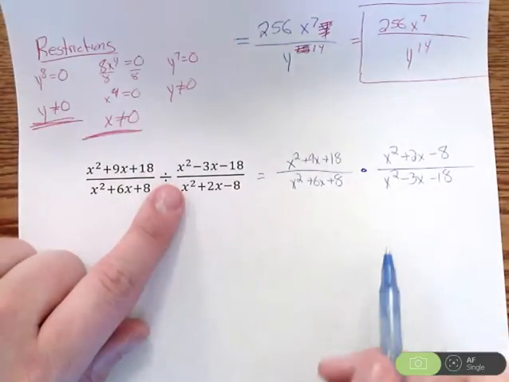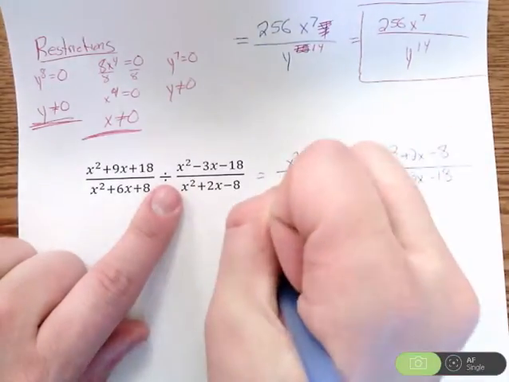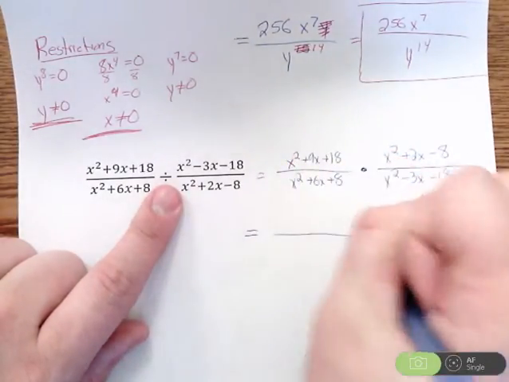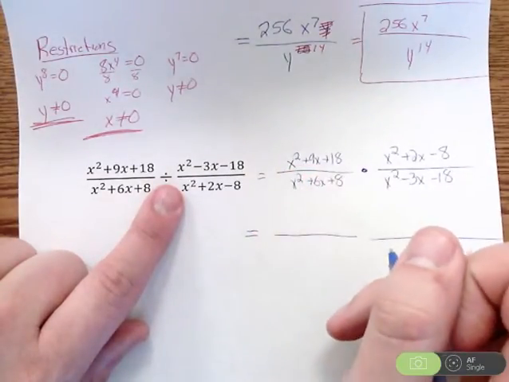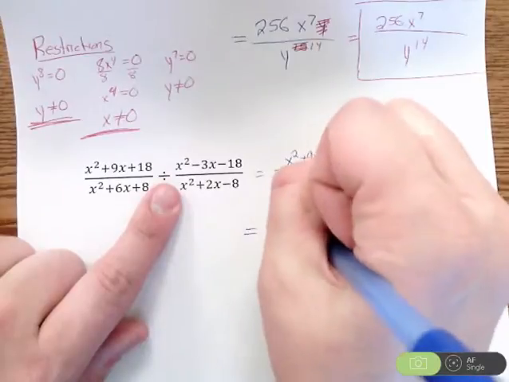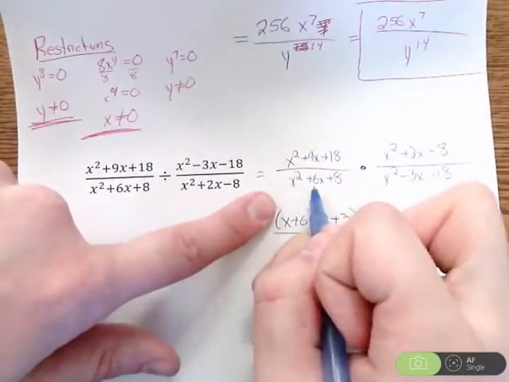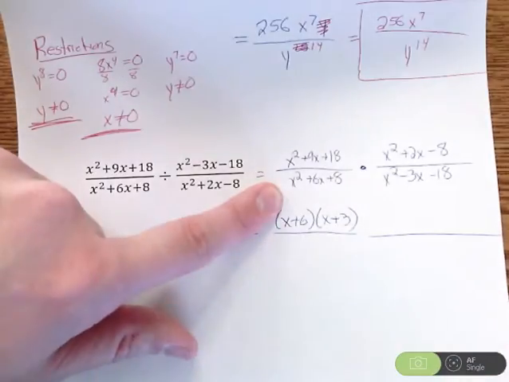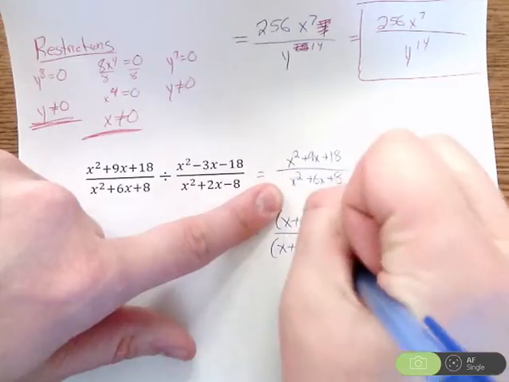Now, before I can do any restrictions, I need to factor. Quickly factoring here, x squared plus 9x plus 18, that's going to be x plus 6, x plus 3. X squared plus 6x plus 8, two numbers that multiply to 8 and add to 6 are x plus 4, x plus 2.